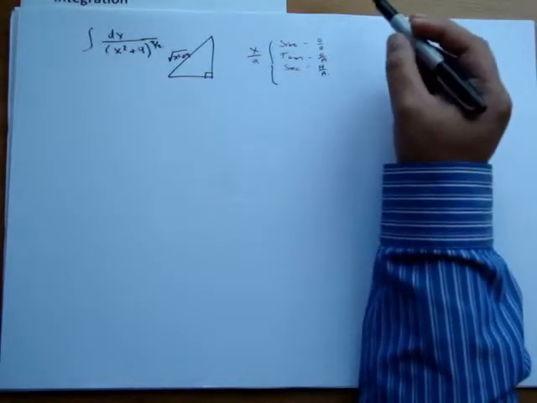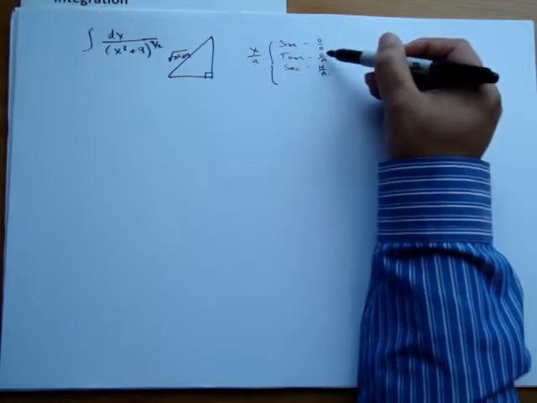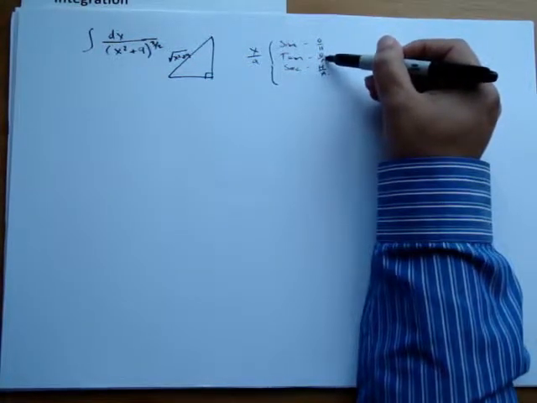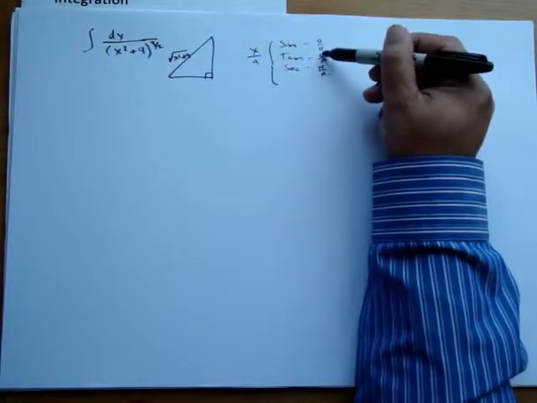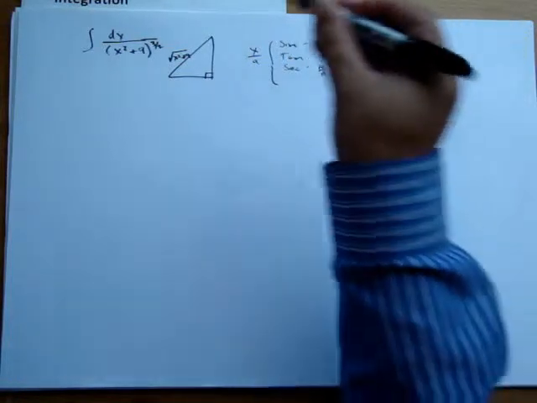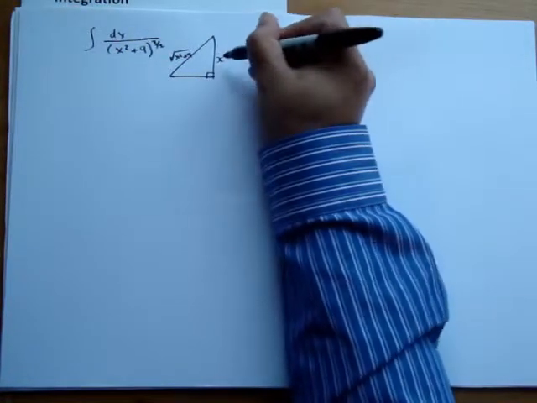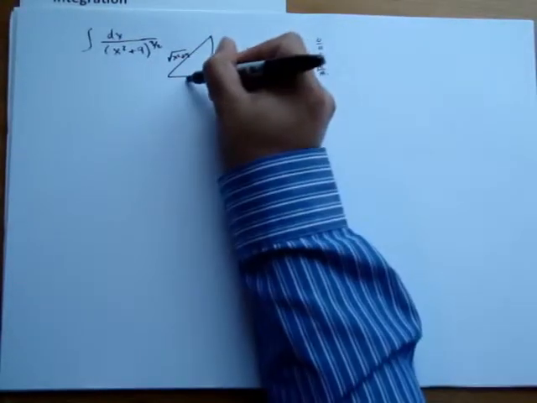So we want to work out which is x and which is a, and a equals 3. If we look at them in turn, the opposite over the adjacent is the only one that fits to make tan. So the opposite will be the x, and the adjacent will be the a, which is the square root of 3 squared, which is 3.